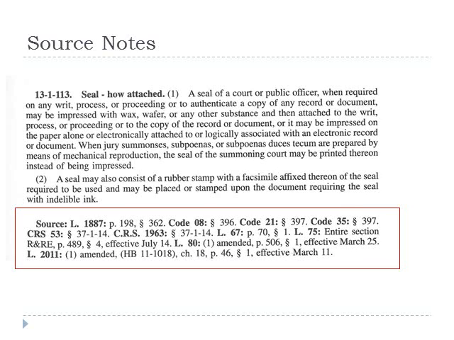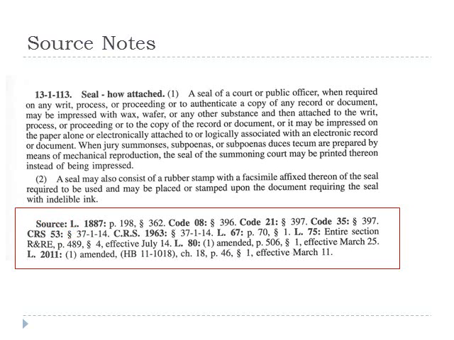For our example, we'll use this code section, CRS 13-1-113. That's to say, it's Title 13, Article 1, Section 113. This code section is about seals and how those seals are affixed to documents. As you can see with this red box, following the code section is where the source note is located.